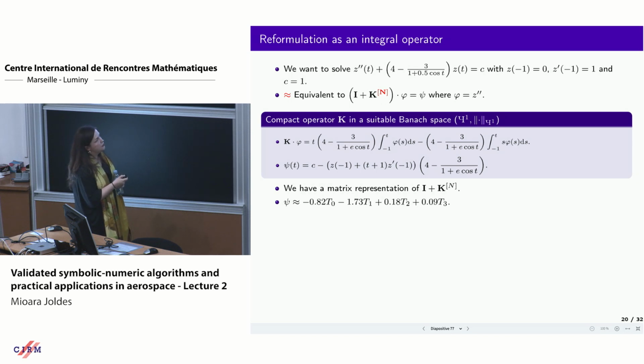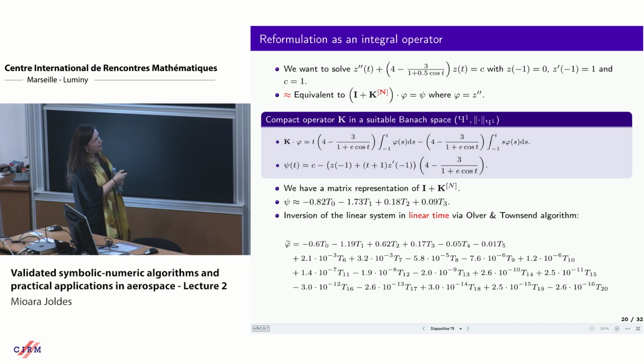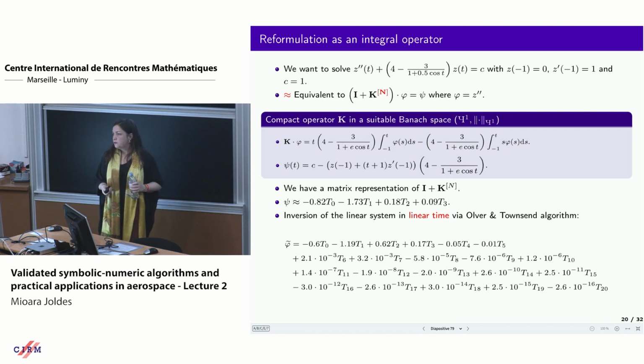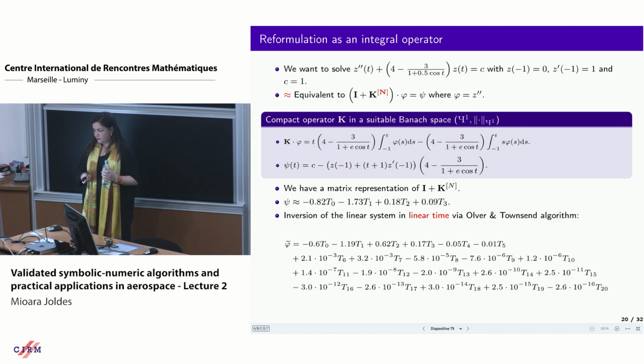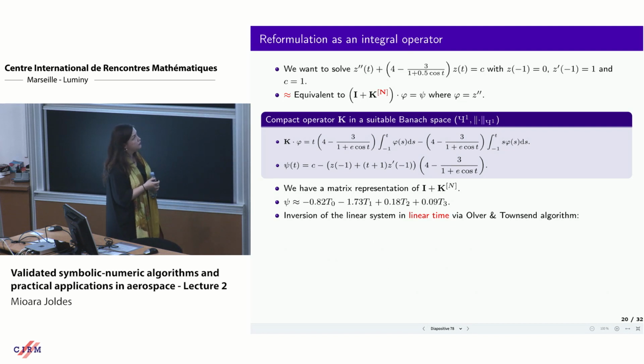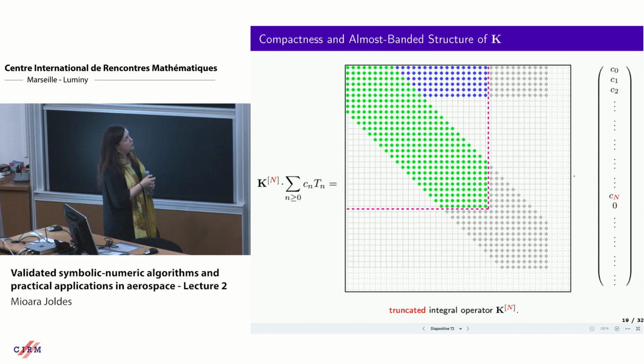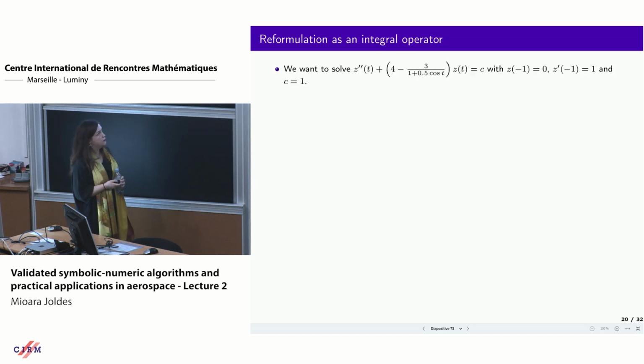I take a right-hand side of degree 3, and I apply the Olver-Townsend algorithm, and I have this numerical solution for a truncation. What I say here is that I truncate my matrix that you have here, and it will become an n by n matrix.